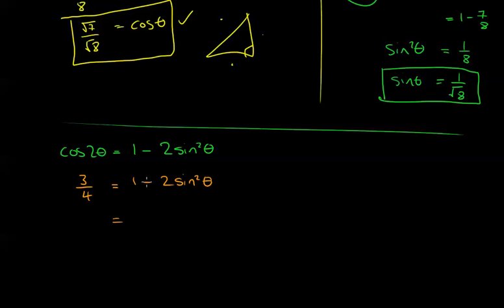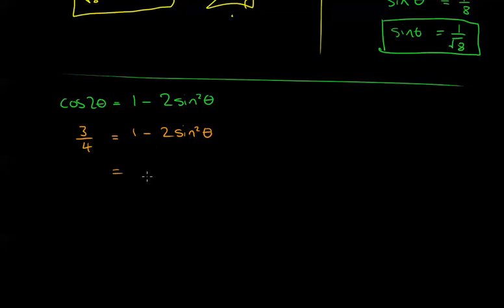See, I hate these minuses in front of what I'm trying to work out, so I would normally add it to that side and take that away, but kids nowadays don't seem to get that, so I'm just going to take that one away. So I'm going to do 3/4 take away 1, again minus 2 sine squared theta. If you have 3/4 and you take away 1, you're left with minus 1/4, minus 2 sine squared theta.